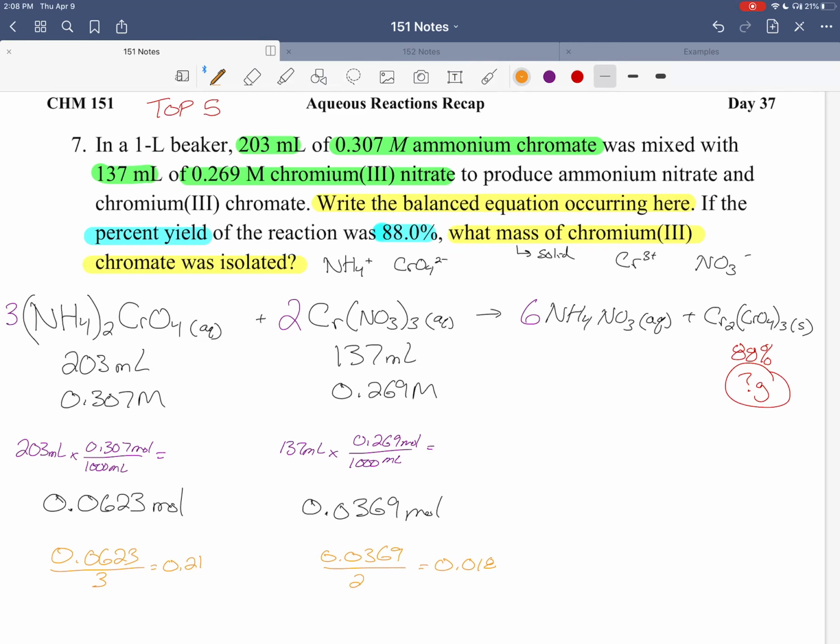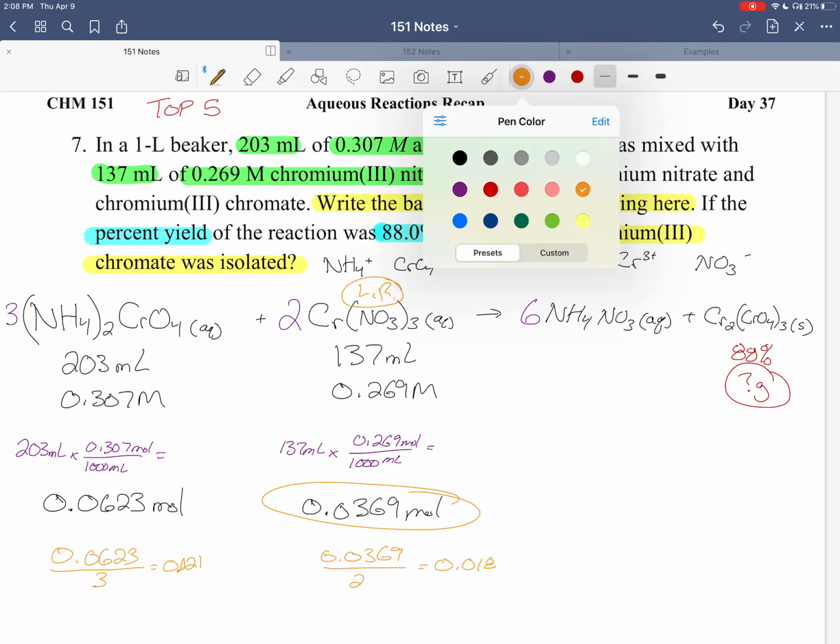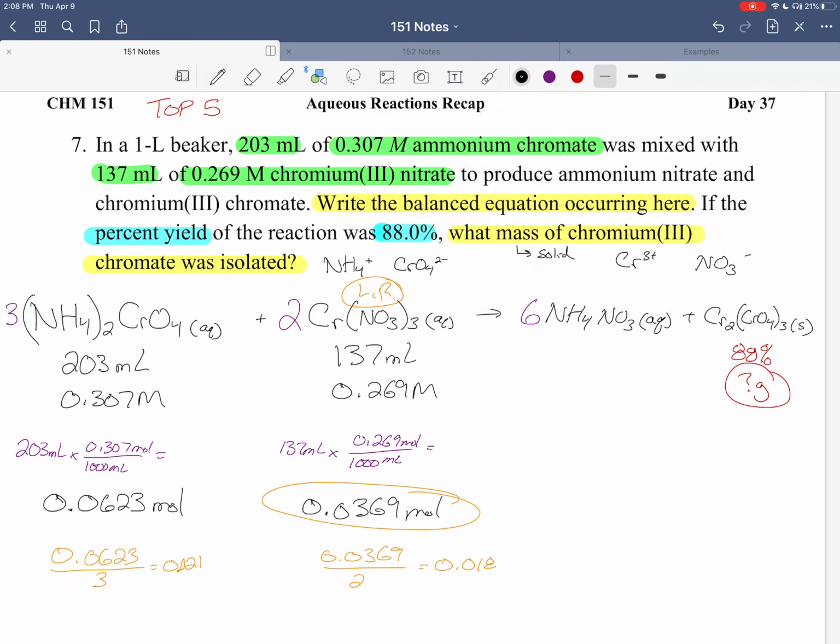I think I get 0.021. I don't know. Either way, this one is my limiting reactant, and that is the moles that I will start with.